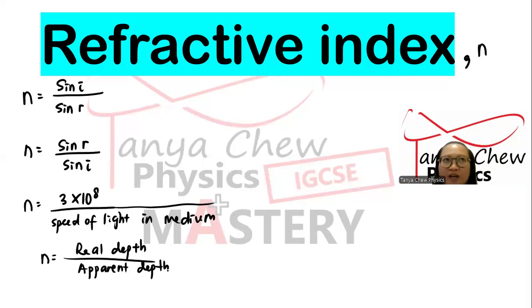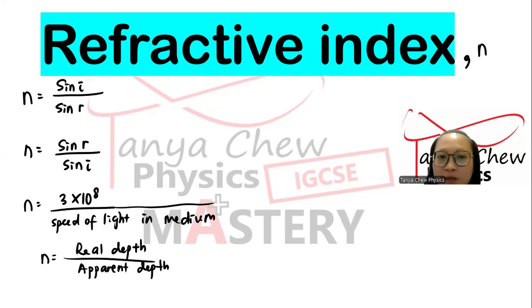Real depth, meaning to say that you go to the swimming pool. If you're standing in the middle of the swimming pool and I'm outside the swimming pool, I could see your legs are getting shorter. Why? Because of the bending of light, it seems that your legs are shorter. Or you go to a crystal clear river, you can see all the fish swimming. You try to catch the fish with your bare hand, right?